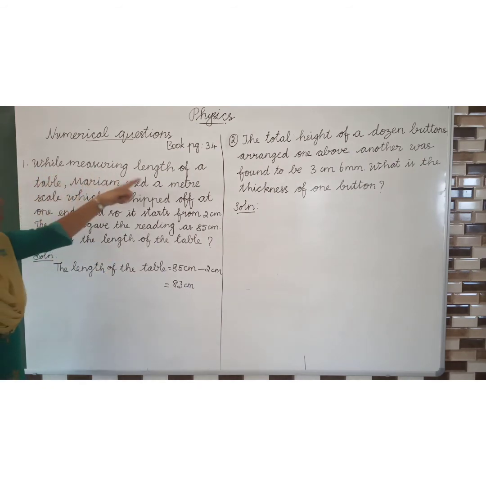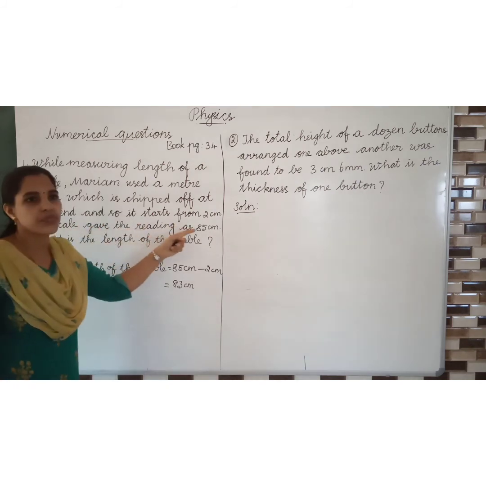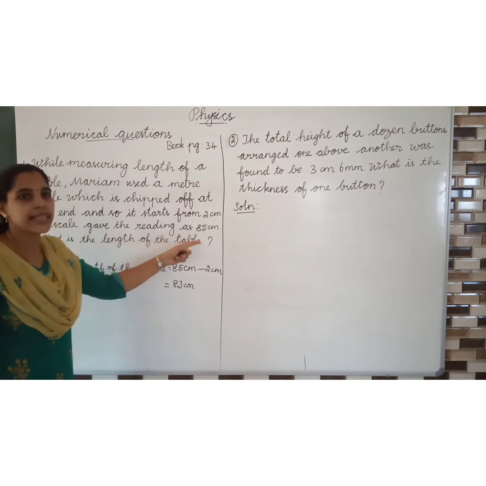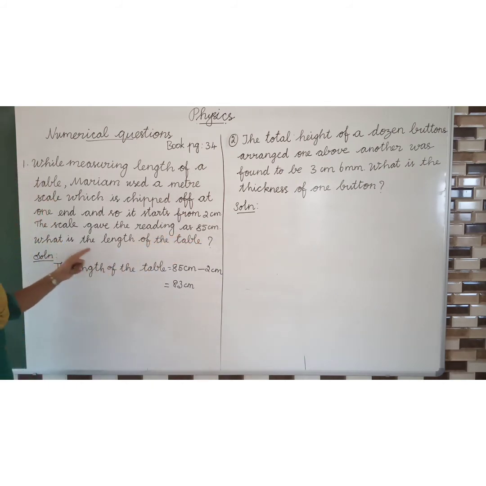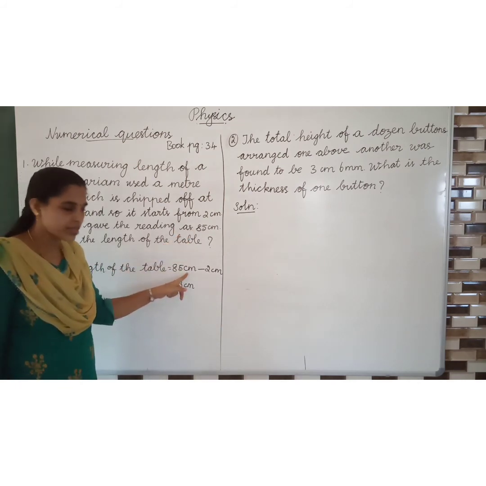Listen, while measuring the length of a table, Mariam used a meter scale which is chipped off at one end, and so it starts from 2 centimeter. The scale gave the reading as 85 centimeter. What is the length of the table? Solution: the final reading is 85 centimeter.